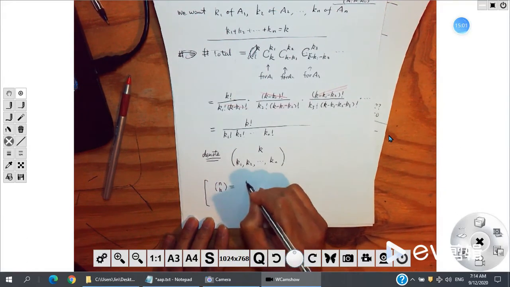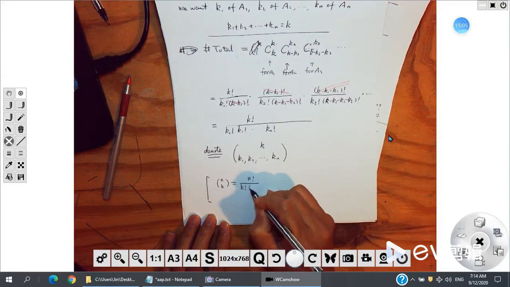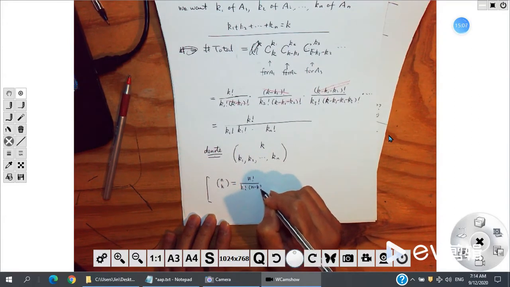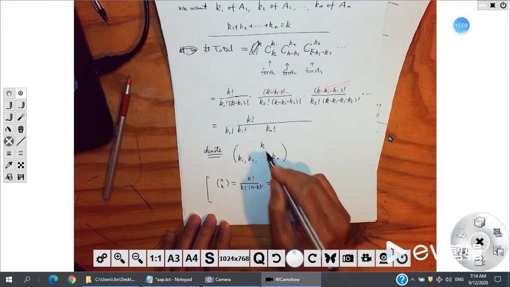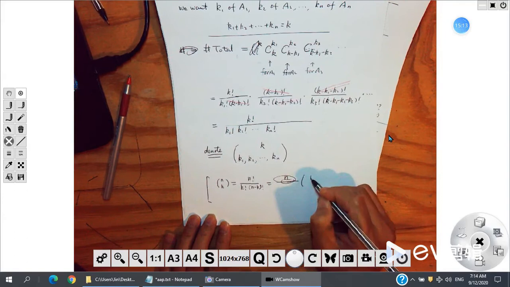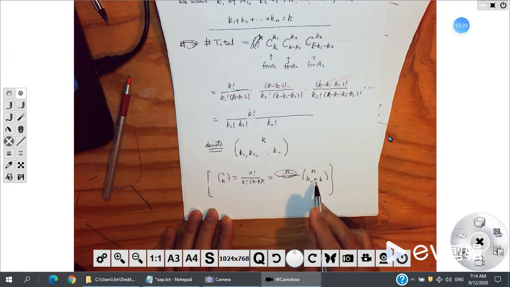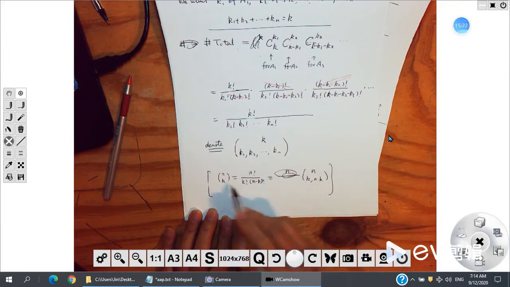This is n factorial over k factorial times n minus k factorial. This is a new notation. Previously, last time we introduced this notation, right? You can also write it this way. These two are the same.